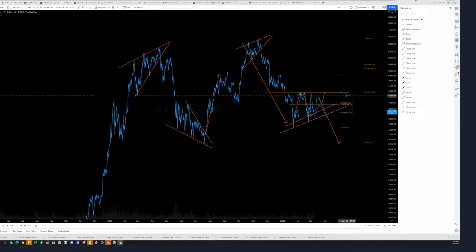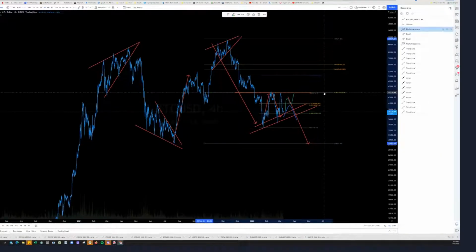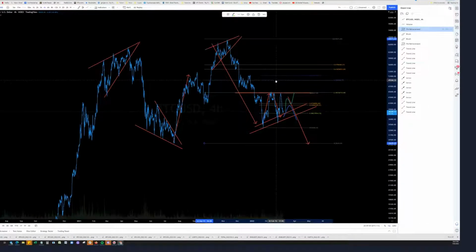Okay. So from the bottom to the top, you can see it's perfectly on the 0.382 level. And if I was to put the 0.5, where is it? We didn't even get there. So from this bounce, we were expecting that, and we didn't get there.